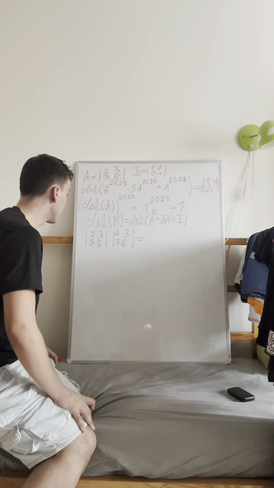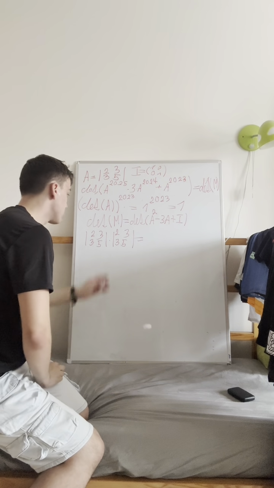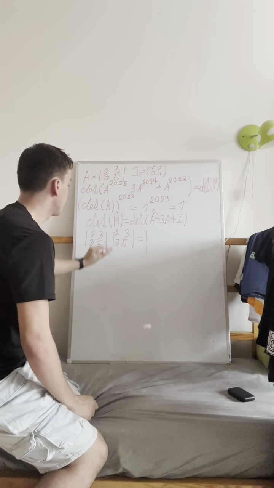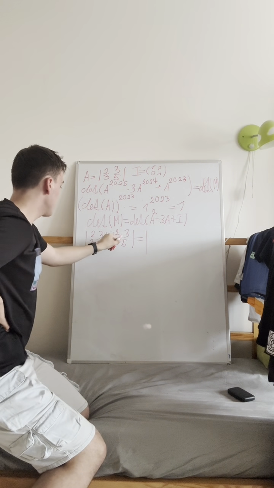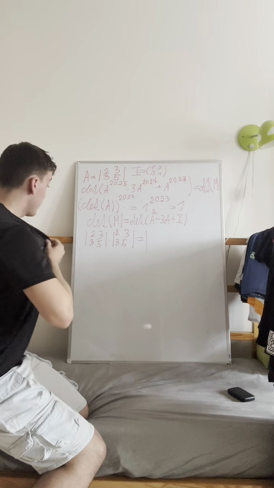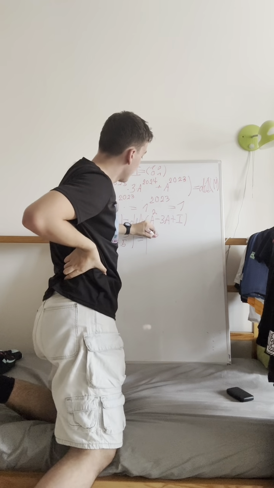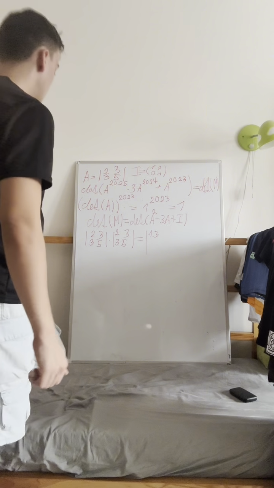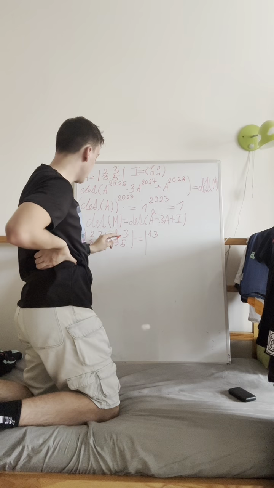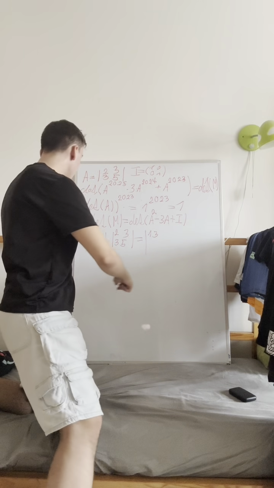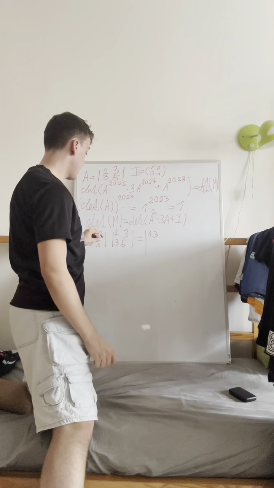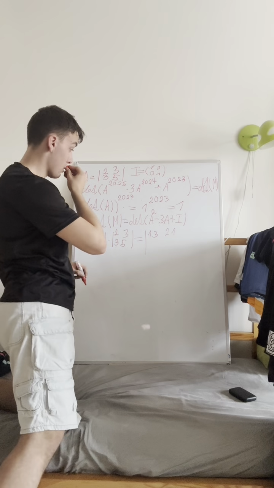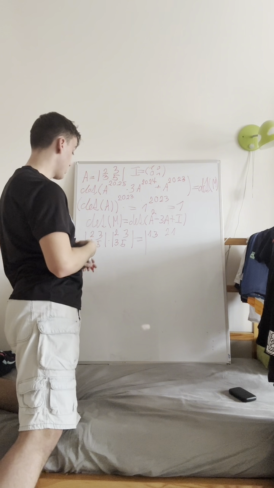We get a new matrix where position a11 is 2 times 2 plus 3 times 3, so 4 plus 9 is 13. Then the second place is 2 times 3 plus 3 times 5, which is 6 plus 15, so 21.